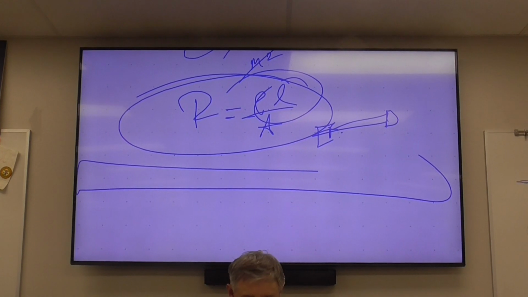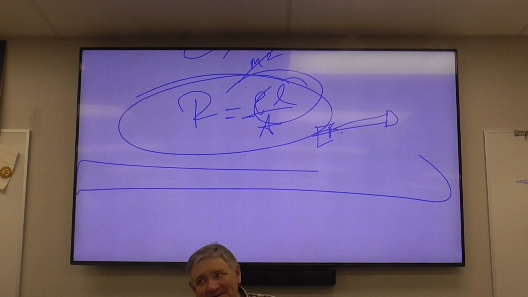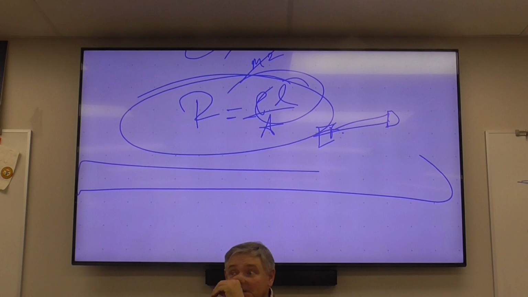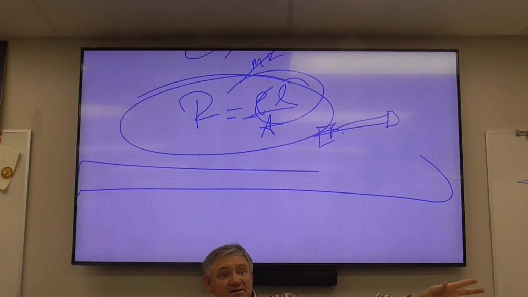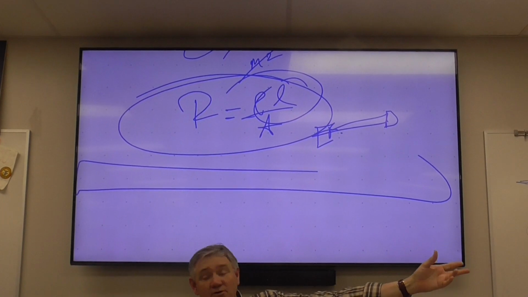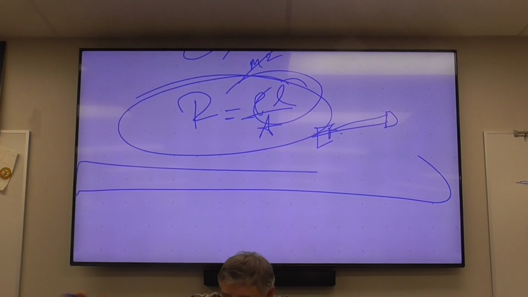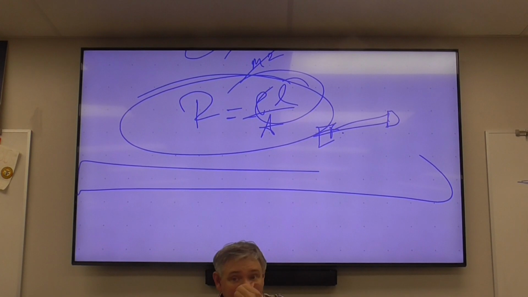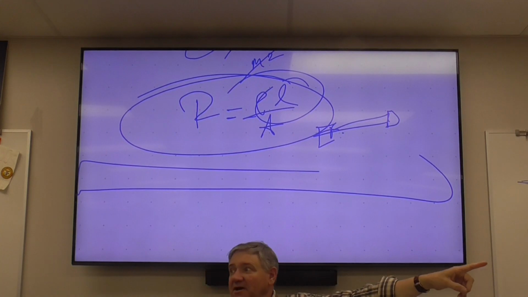What's going to happen to your resistance? It's going to increase. So you're going to lose a lot of that electricity in the process, because the farther you have to ship it, the more resistance you're going to have.